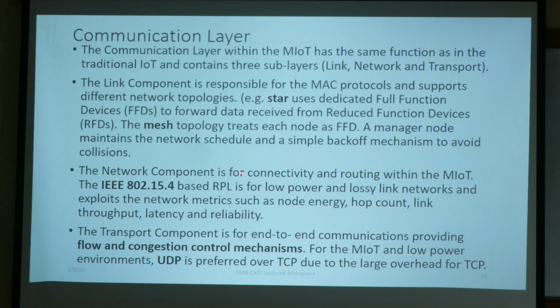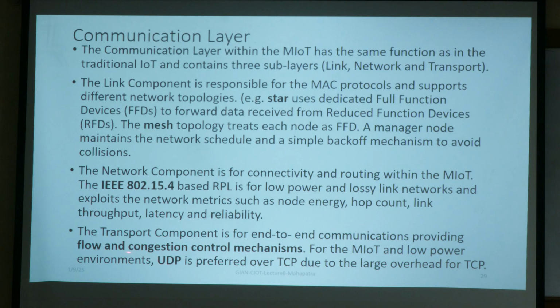Then the network component for connectivity and routing within an IoT is similar to the previous discussion. And this is the very popular discussion for these routing protocols. It's exactly the same thing that we discussed in the network layer. Now, the transport components for end-to-end communication provide flow and congestion control mechanisms.